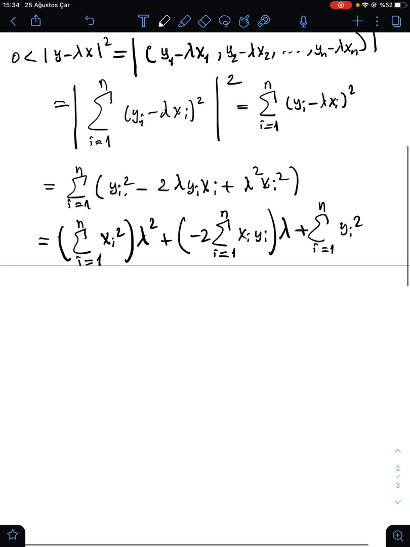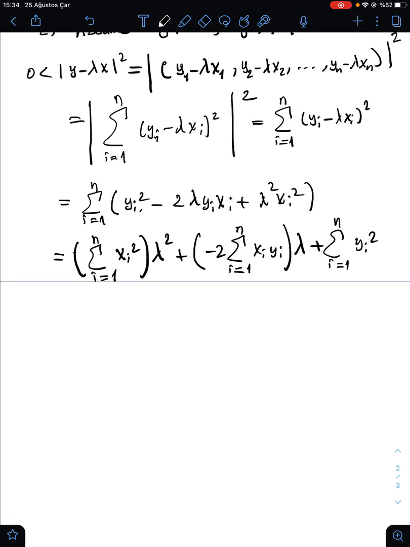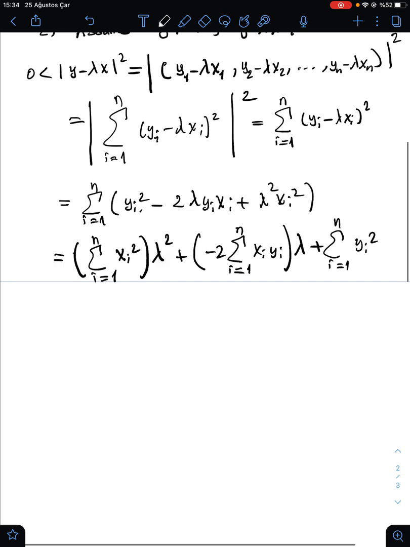So I'm going to write the discriminant because the whole equation is now in terms of lambda: this is the lambda's coefficient, and this is the constant coefficient in lambda, of course.